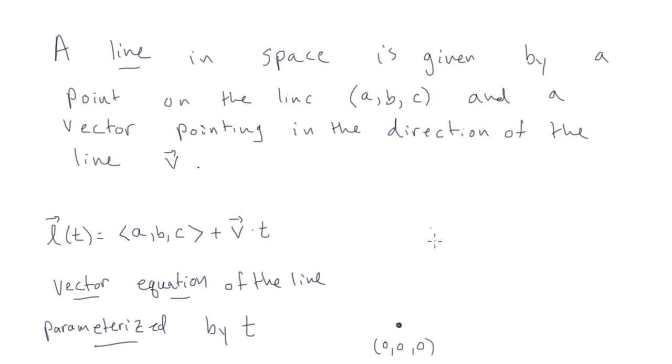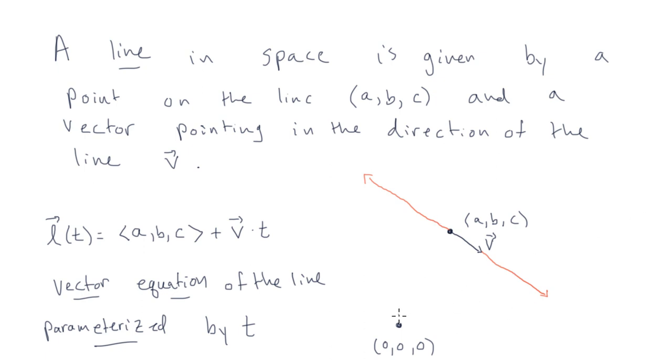Well, I just told you that to have this line, we have a point on the line, A, B, C, and then a vector pointing in the direction of the line. So my actual line is going to be passing through space like this. But you see the vector will just be pointing in the direction of the line.